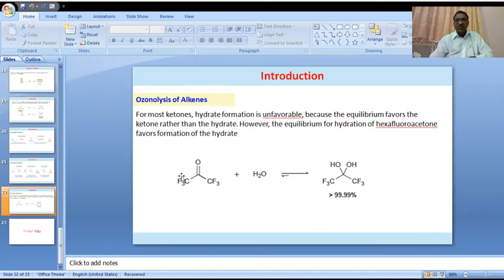It is a very good example for the hydrate formation reaction. On hydrolysis, this compound gives the hydrate structure as the major product. 99.99% product is obtained from this hydrolysis process.